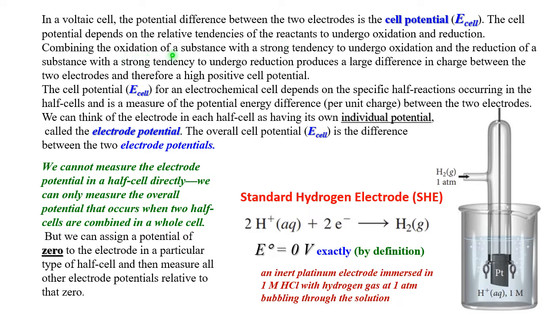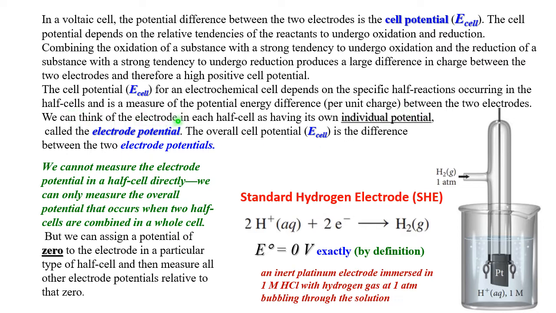Combining the oxidation of substance with strong tendency to undergo oxidation and reduction of substance with strong tendency to undergo reduction produces large difference in charge between two electrodes and therefore high positive cell potential.